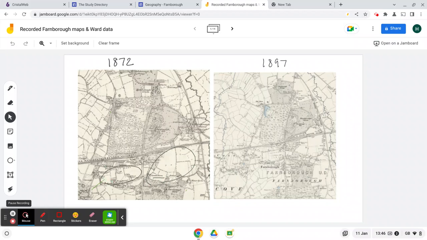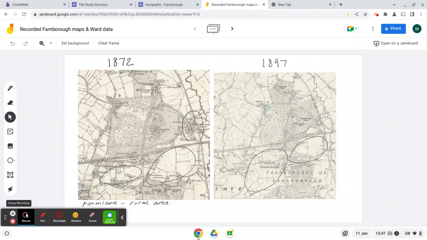You can also still see this in 1897, so we've still got lots of farmland around here. So this suggests that it's a rural area. There isn't much development. There isn't much in the way of settlements. We can see settlements here along Farnborough Street. And Farnborough Street is one of the oldest streets in Farnborough.